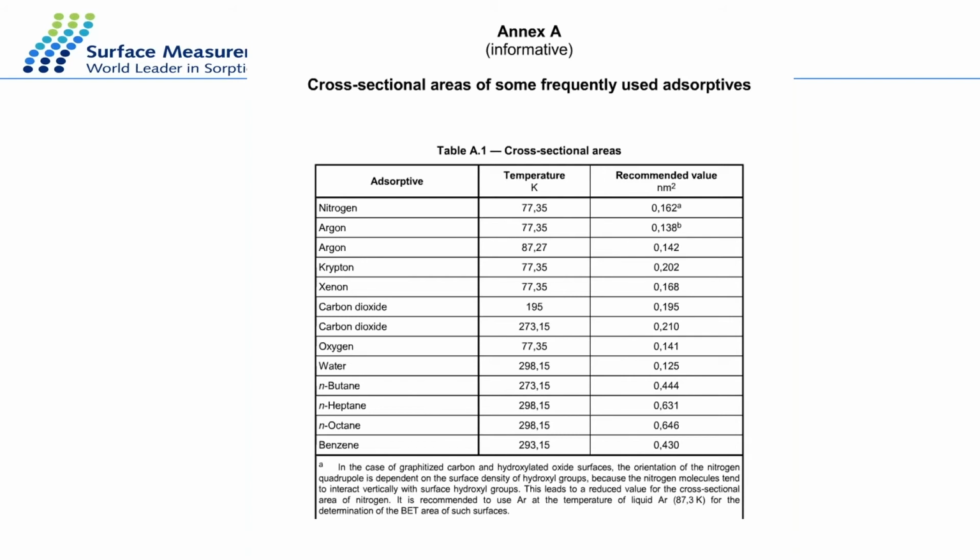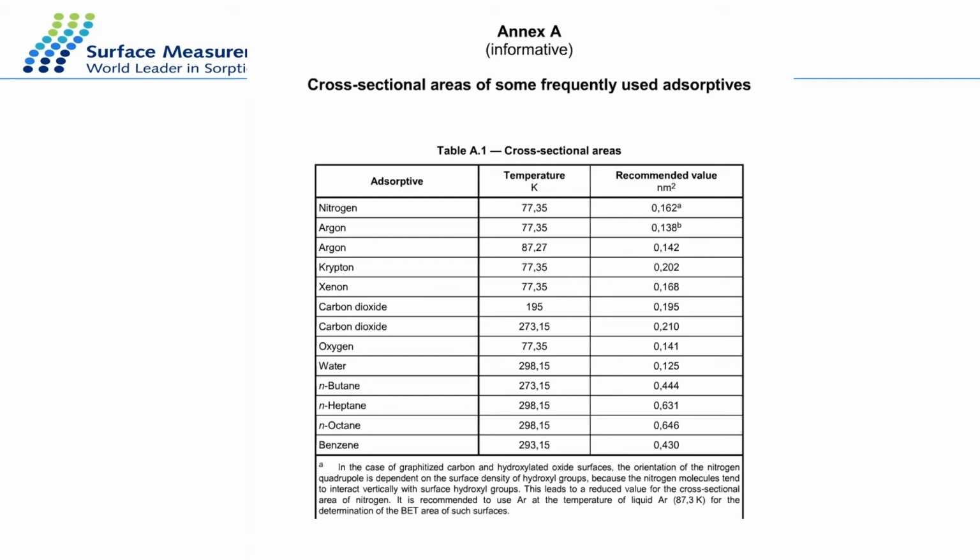The benefit of these probes is that you can measure the adsorption isotherm at room temperature, ambient condition. You don't need liquid nitrogen conditions, 77 Kelvin, which is quite an extreme condition, especially for organic samples.